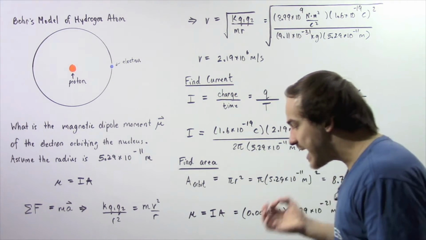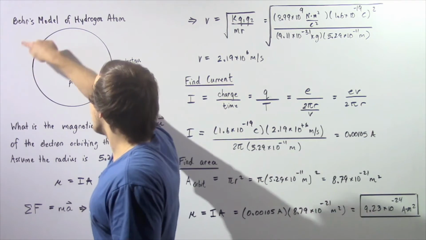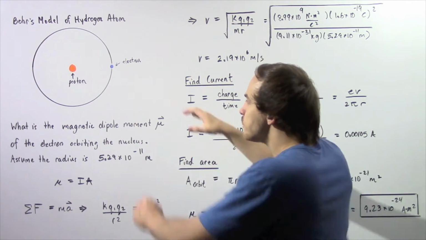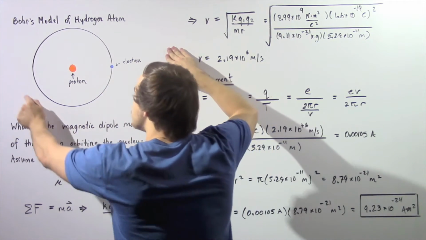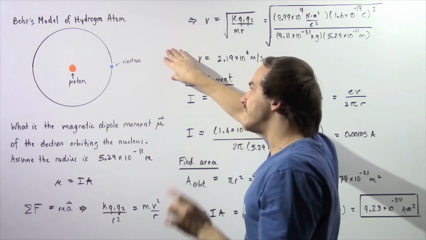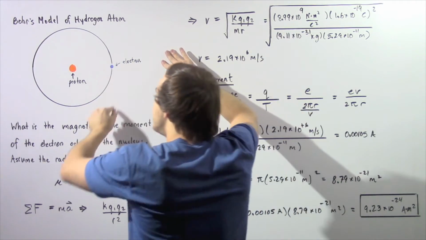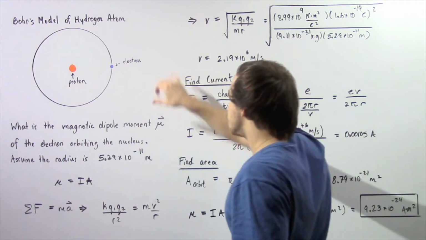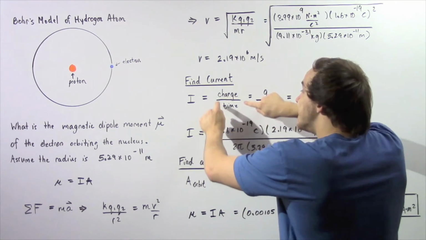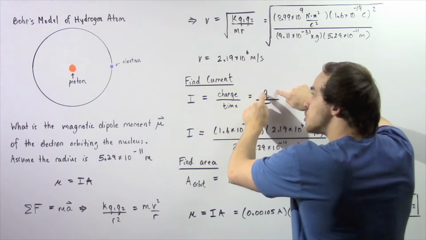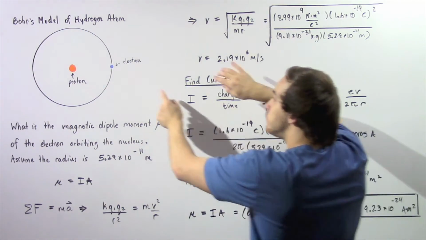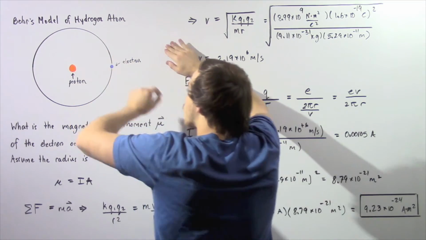Recall that our electric current around this orbit is simply equal to the quantity of charge that passes in one full revolution divided by the time it takes our electron to travel that revolution. So I is equal to the charge divided by the time. Now the charge is equal to the charge on one electron, and our time is simply the period of our orbit.